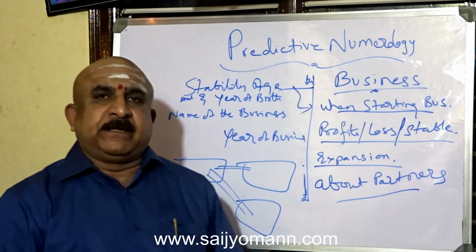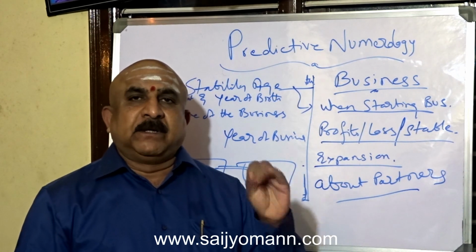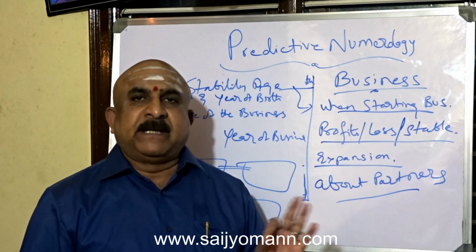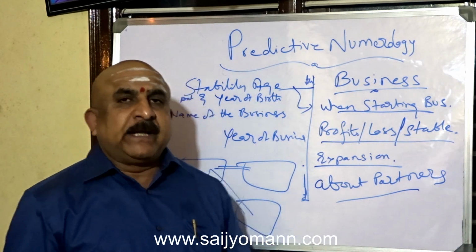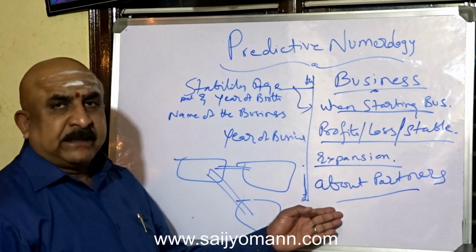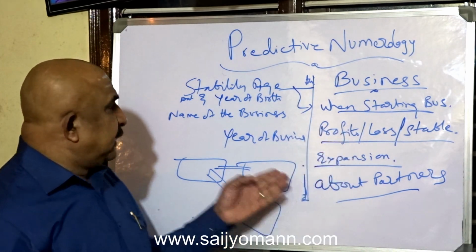But there are some dates. For example, date 5. People born on 5th, 23rd, 14th. For them, no partnership. They will not be okay with partnerships. So likewise, you have to go into depth for all these things. So this is the pattern of starting the business, knowing about expansion, knowing about profit and loss.